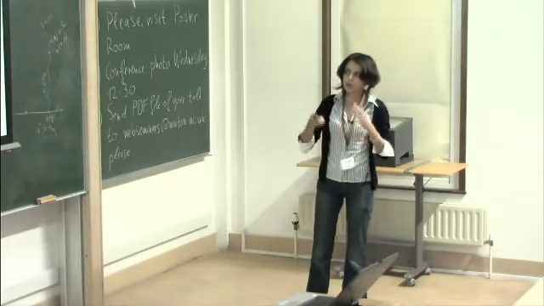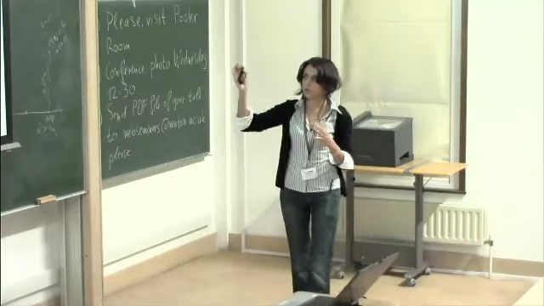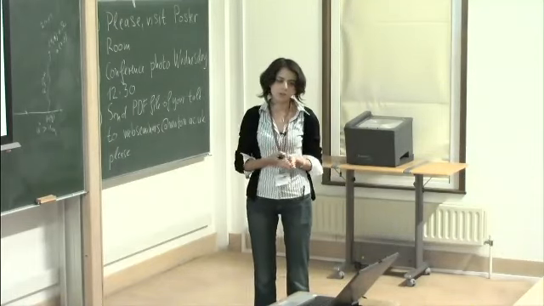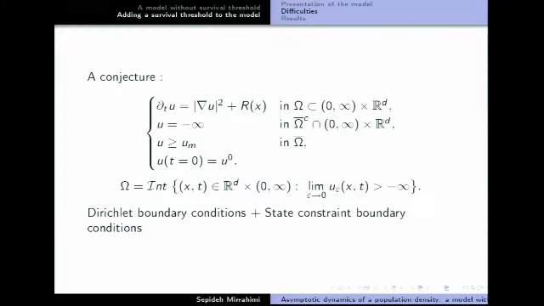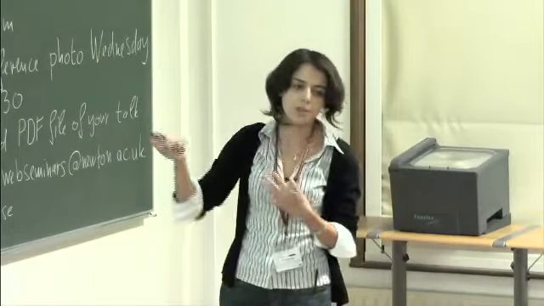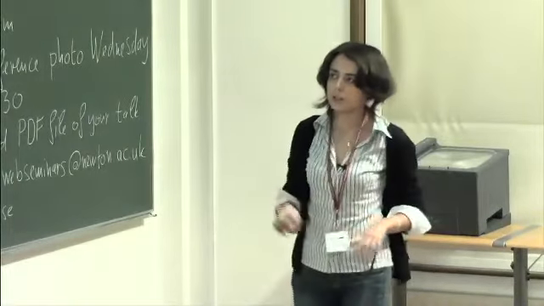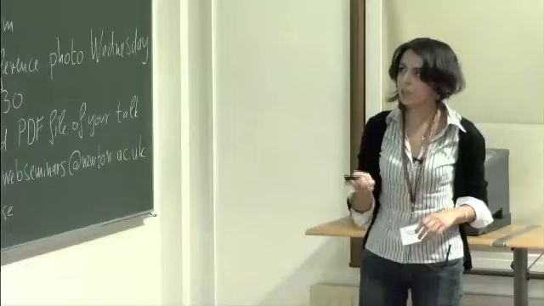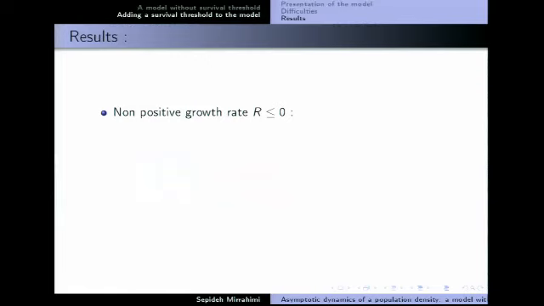But we use all these ideas that are behind the state constraint theory and this Hamilton-Jacobi equation, and we prove some upper bounds and lower bounds that are similar to this, but we cannot prove that it is exactly this. So I give you the results that we have.